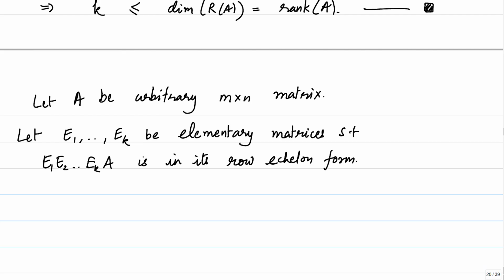Then the rank of E1, E2, Ek times A is the same as the rank of A, because each of these Ei's is an invertible matrix, and we just proved that multiplying by invertible matrices does not alter the rank. So, to talk about the rank of A, we just need to reduce it to its row echelon form and look at the number of non-zero rows. That will give you the rank of our matrix.